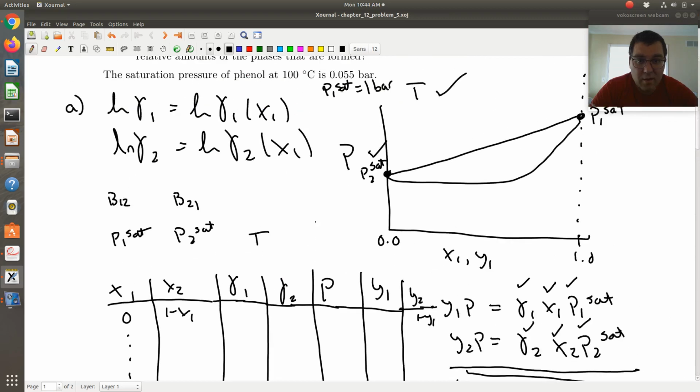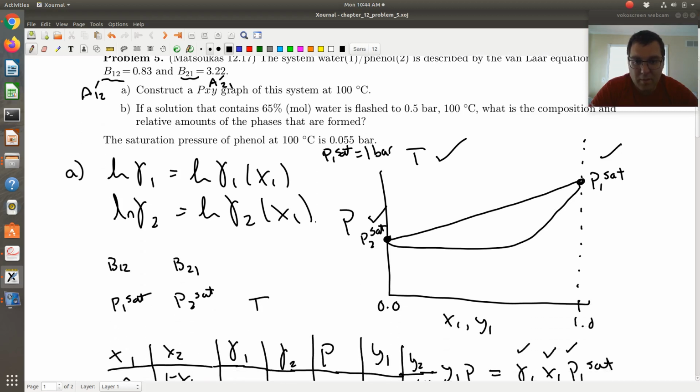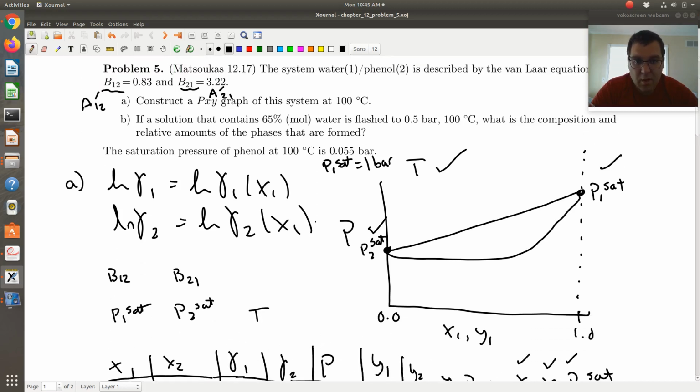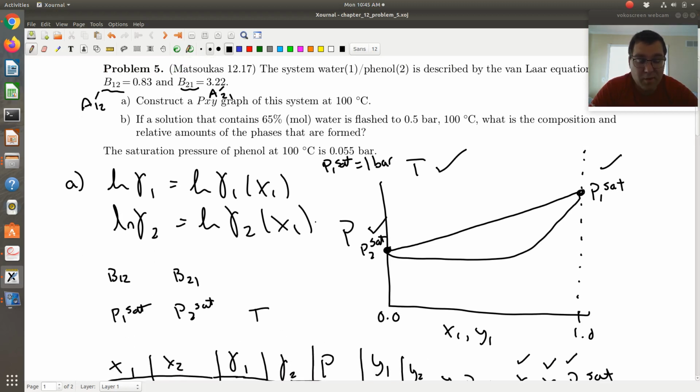Then let's label what we have. If a solution that contains 65% by mole water is flashed to 0.5 bars at 100 degrees C, what is the composition in relative amounts of the phases? Remember the book essentially always assumes F is 1, so when they compute V and L, it's relative to F, which is just 1.